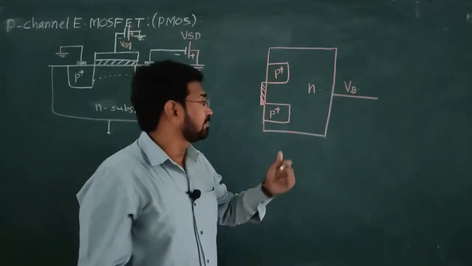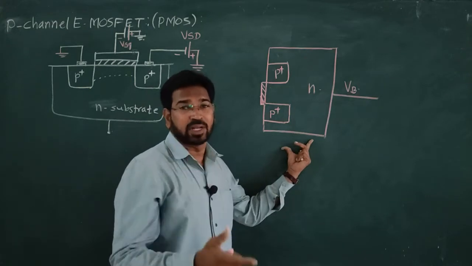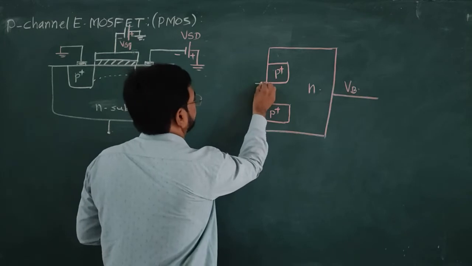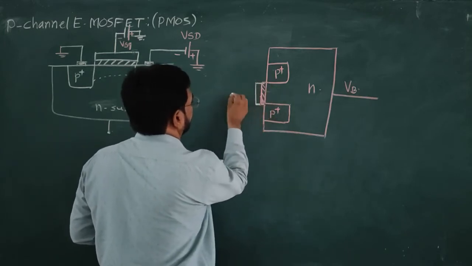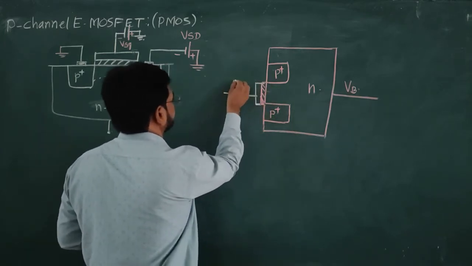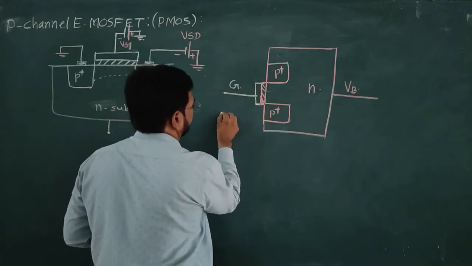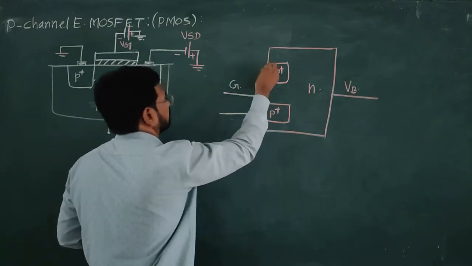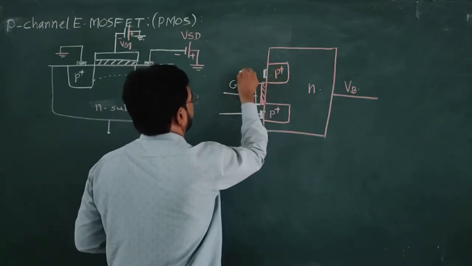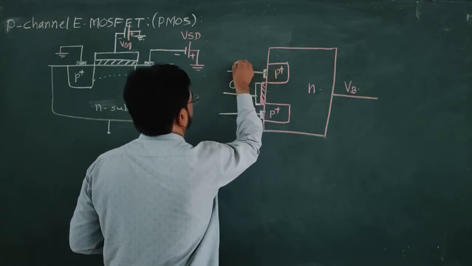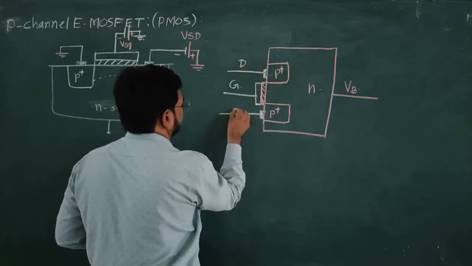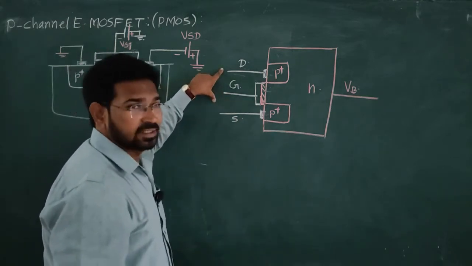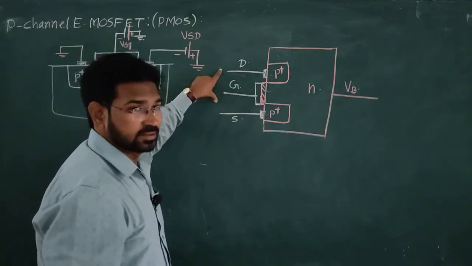We should maintain the body voltage at a particular potential, and here we have metal, and it is the gate terminal, and the source is connected to this via metal, and here it is the drain terminal, and it is the source terminal. Now we have to apply such voltage that the current will flow through this. Okay.